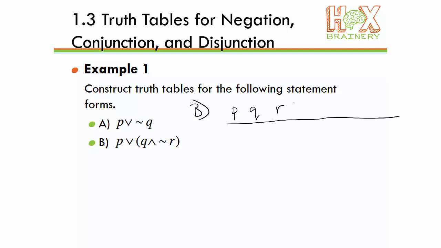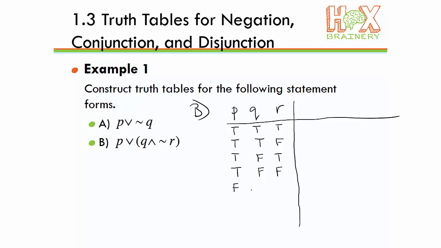And I'm going to list out the cases first. In the first case, they're all going to be true. In the second case, P and Q are true, R is false. Third case, P is true, Q is false, R is true. Fourth case, P is true, Q is false, R is false.